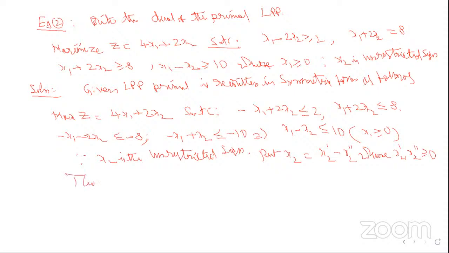Thus max z equal to 4x1 plus 2x2' minus 2x2'', subject to constraints: minus x1 plus 2x2' minus 2x2'' less than or equal to minus 2.